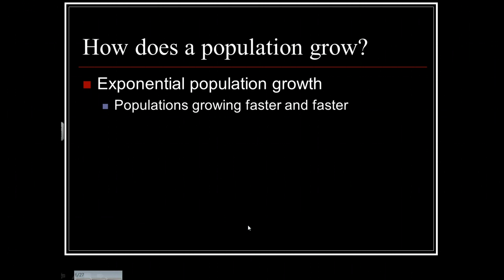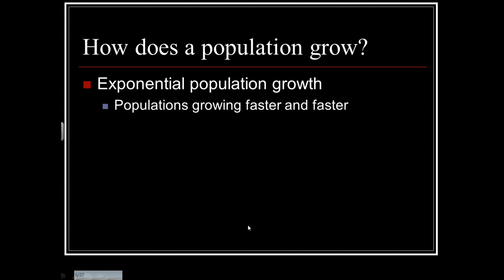The growth of populations changes exponentially. The chart in the textbook shows how over a number of months you could have a population increasing, but it doesn't increase one at a time. That would be linear growth. Instead, we're talking about a curve, and there are factors that control that curve, which we'll look at later.